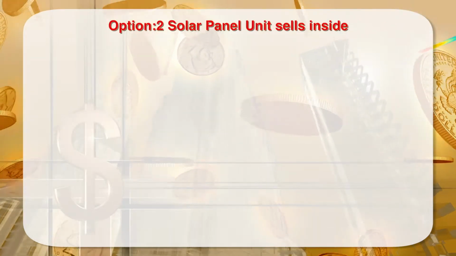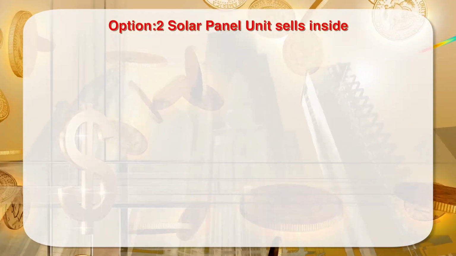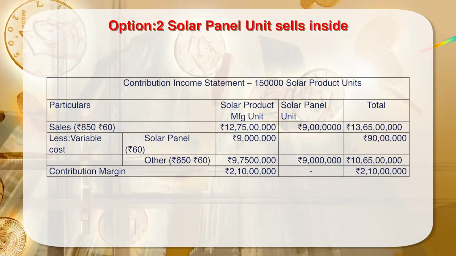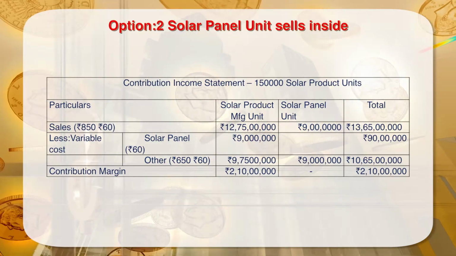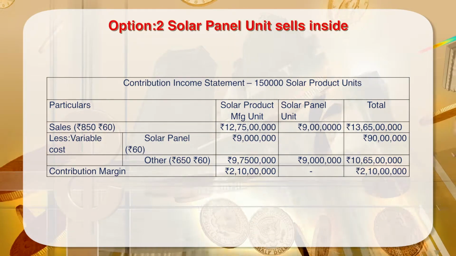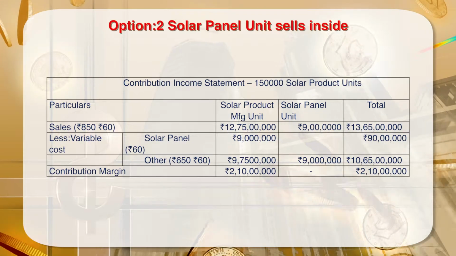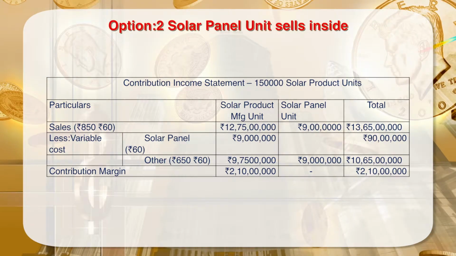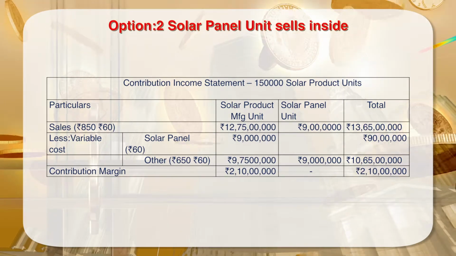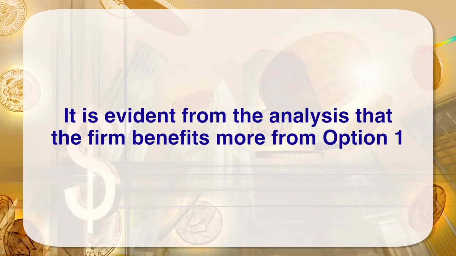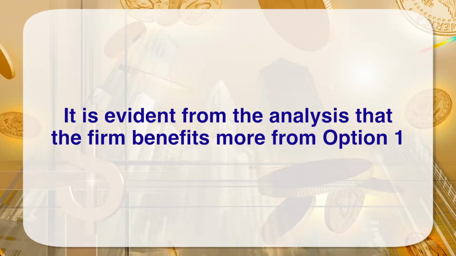In the case of the second option, the solar panel unit selling inside, the contribution margin for the manufacturing unit is 2 crore and 10 lakh, and the solar panel unit does not enjoy any contribution, and thereby the enterprise cumulative contribution comes to 2 crore and 10 lakh. It is evident from the analysis that the firm benefits more from option 1.